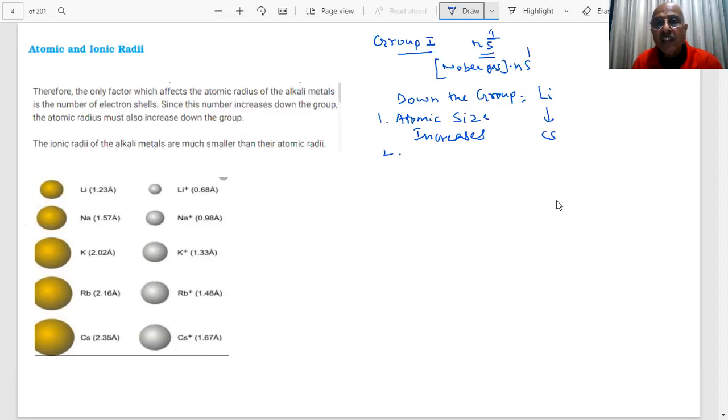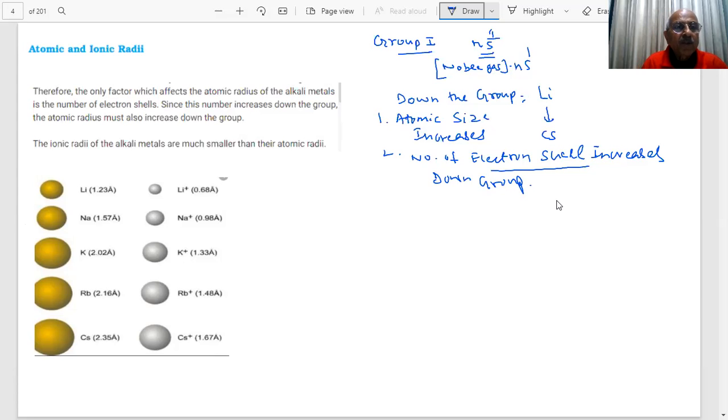The number of electron shells increases. Yes or no? Yes, sir. The number of electron shells increases down the group. Yes or no?